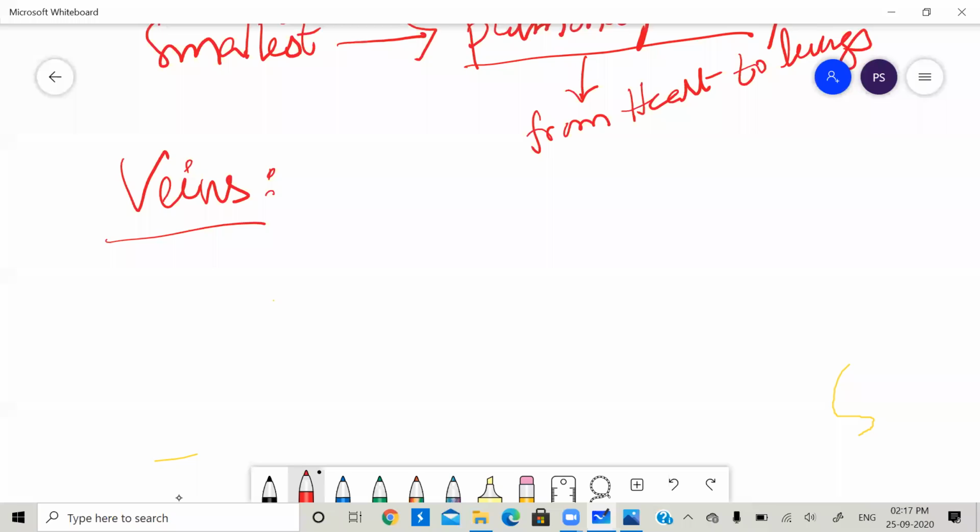Veins, right? These veins are the blood vessels which carry blood from the body to the heart.